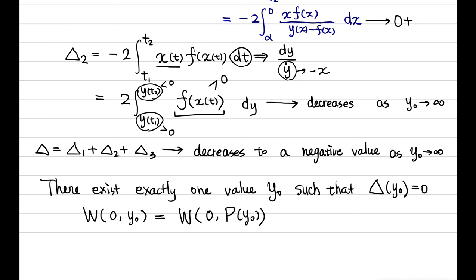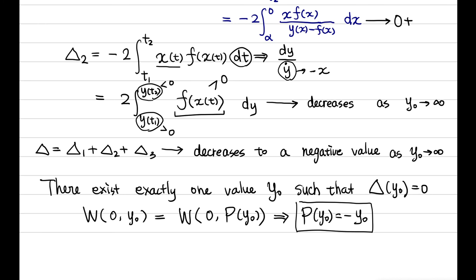And what was w? w was just the distance from the origin, and this means exactly that P of y0 will be minus y0, because P of y0 cannot be y0, it should be on the other side. P of y0 must be minus y0. We just found out that there exists a unique periodic orbit. Finally, we found that there's a unique periodic orbit.